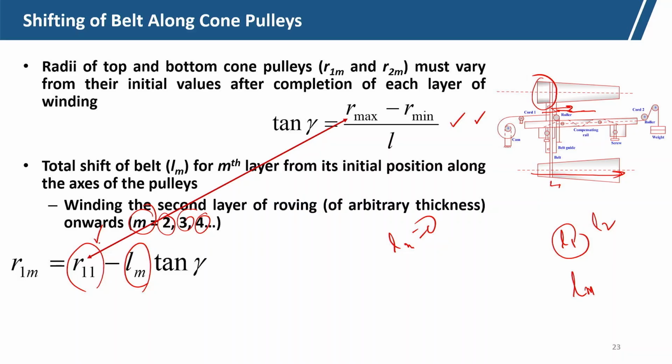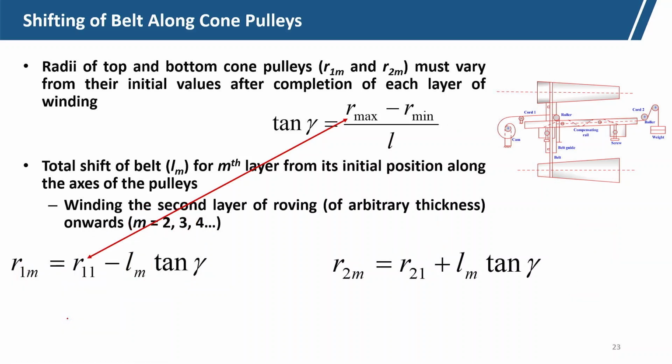So, gradually this value will reduce, that means R will reduce for the top cone. For the bottom cone drum, R2m initially is the minimum radius, R21. That is the minimum radius plus, as it will gradually increase, that is why there is a plus sign, Lm tan gamma.